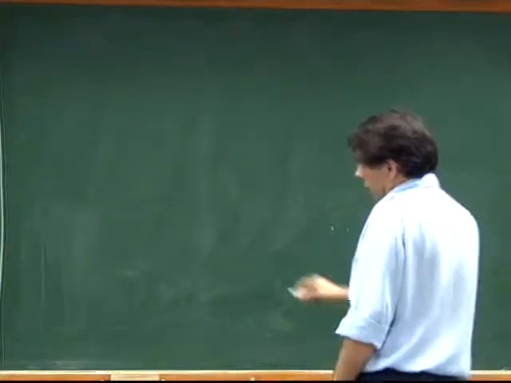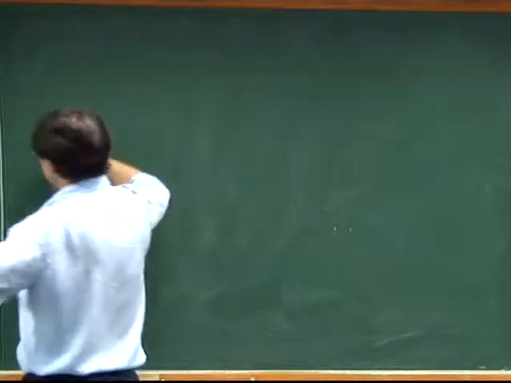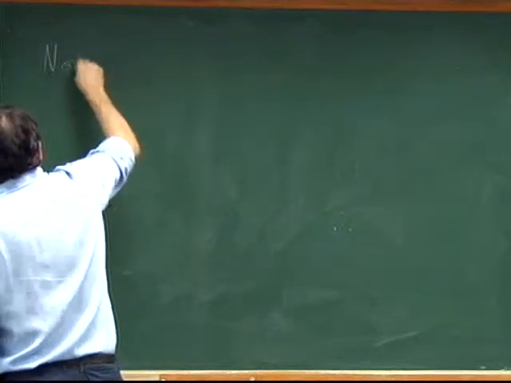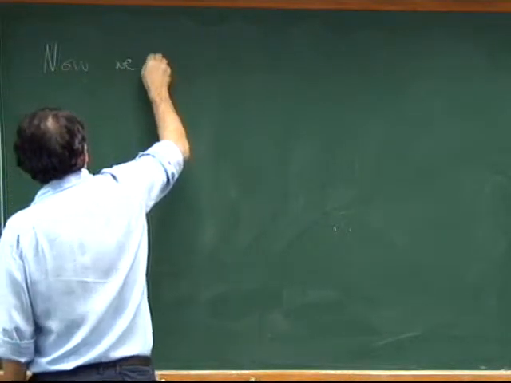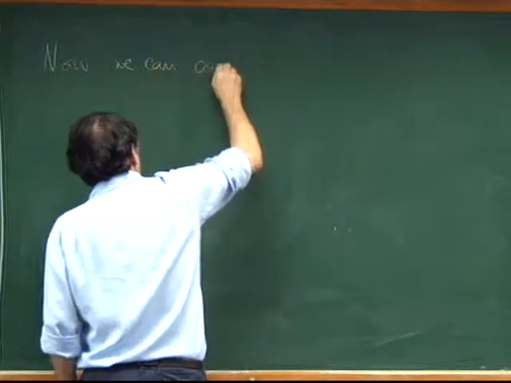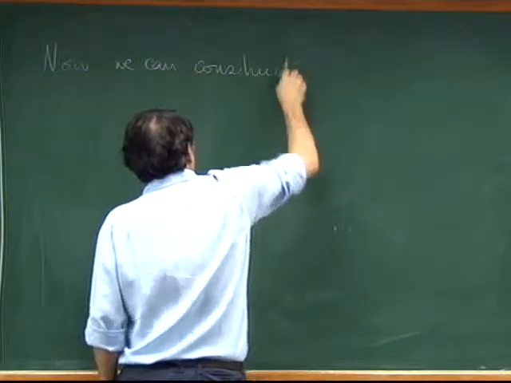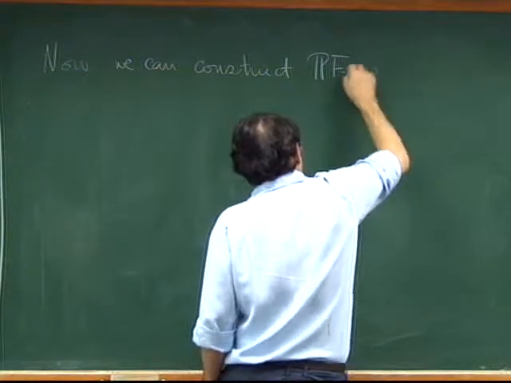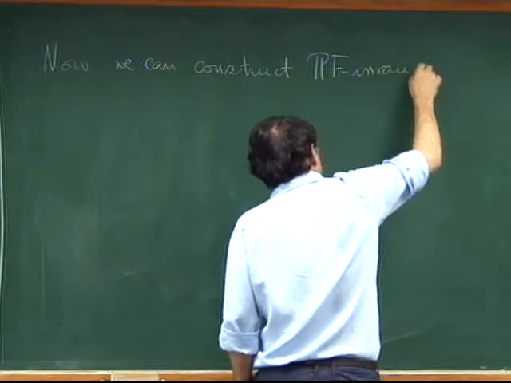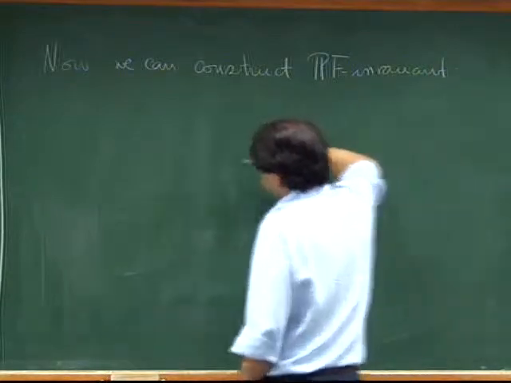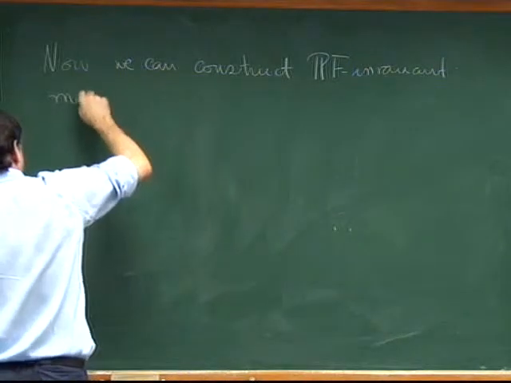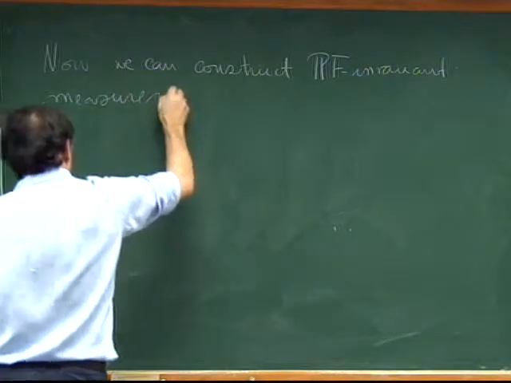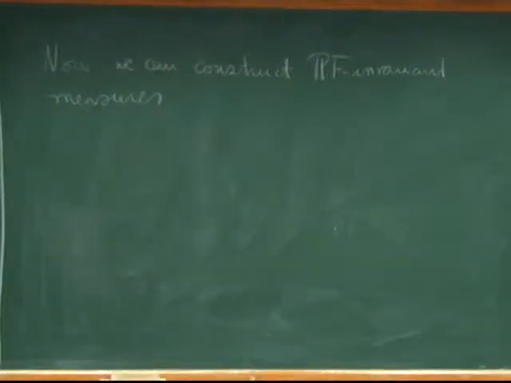And now, with these two lemmas, we can construct PF invariant measures. The way I'm going to do it right now, they will not satisfy star yet.